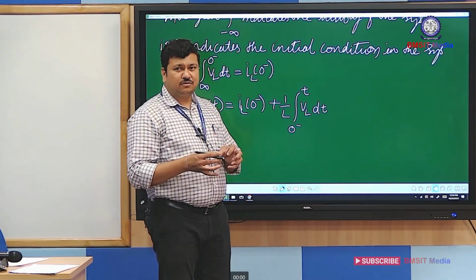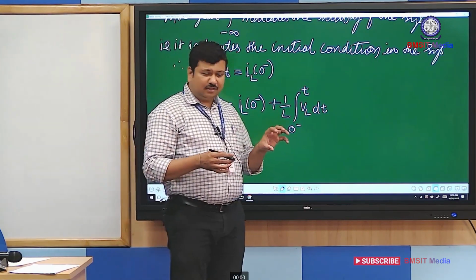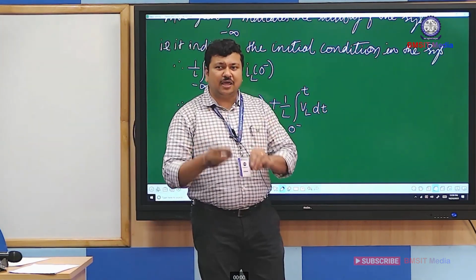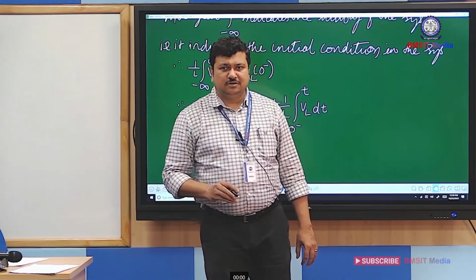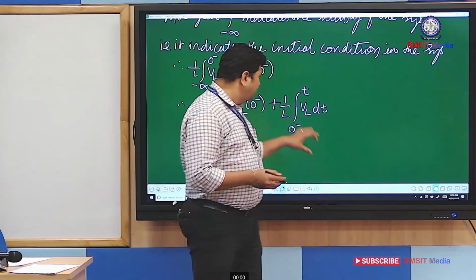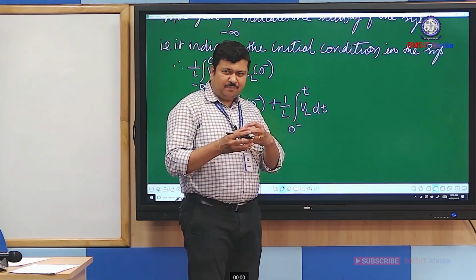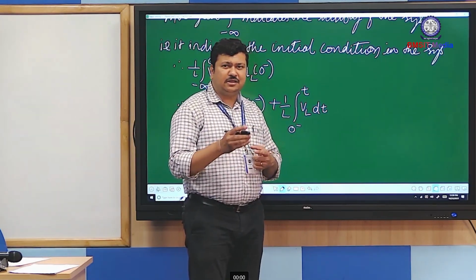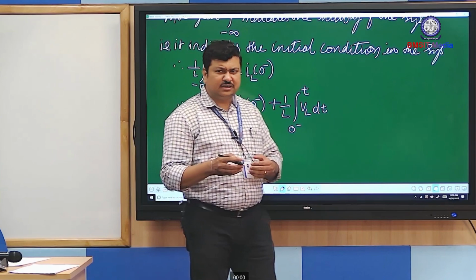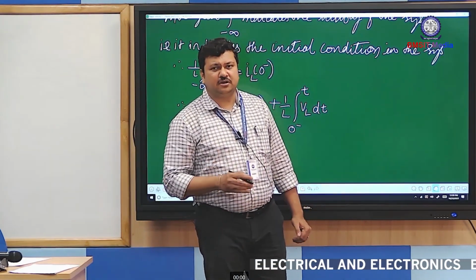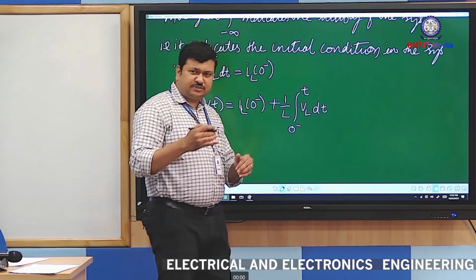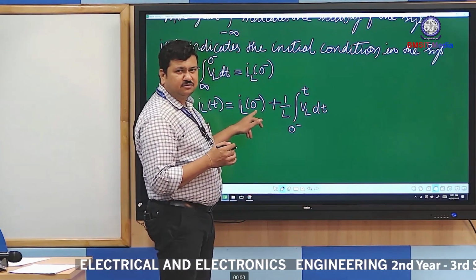Now I want to know what exactly the inductor is behaving like at the time of switching. What does it mean? I want to know what has happened with the inductor at the time instant just after the switching operation has been done. Just before the switching operation, I have the initial condition.